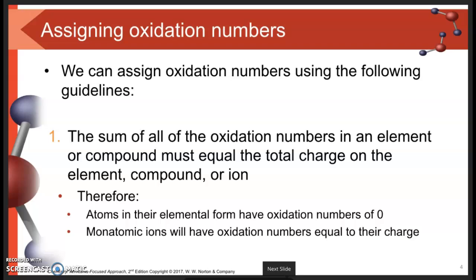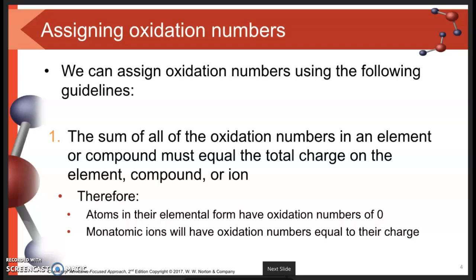So the sum of the oxidation numbers has to equal the charge. If I have an atom that is by itself in its pure elemental form, it's not going to have an oxidation number of anything other than 0. And 0 is a valid oxidation state. 0 means that there is no charge on that element at that particular time.